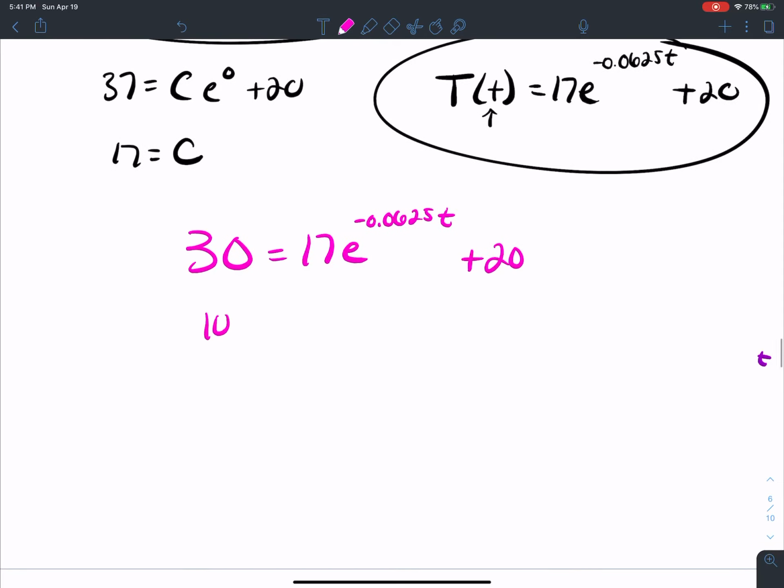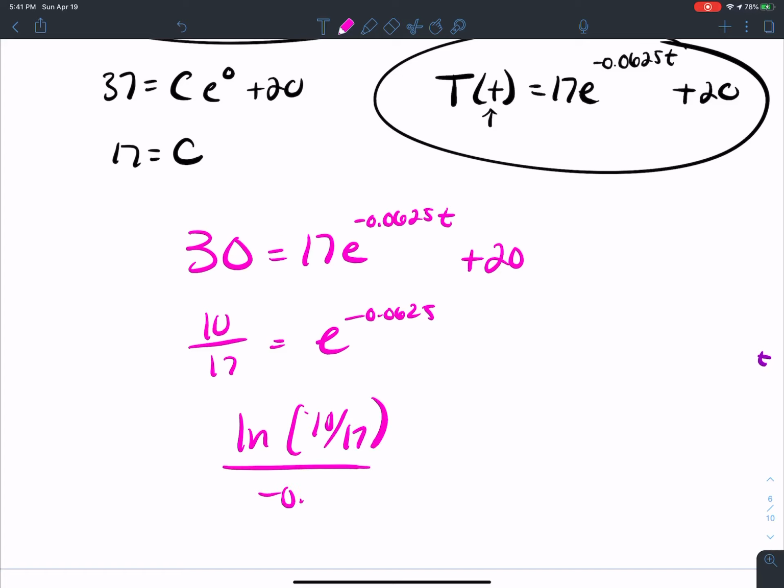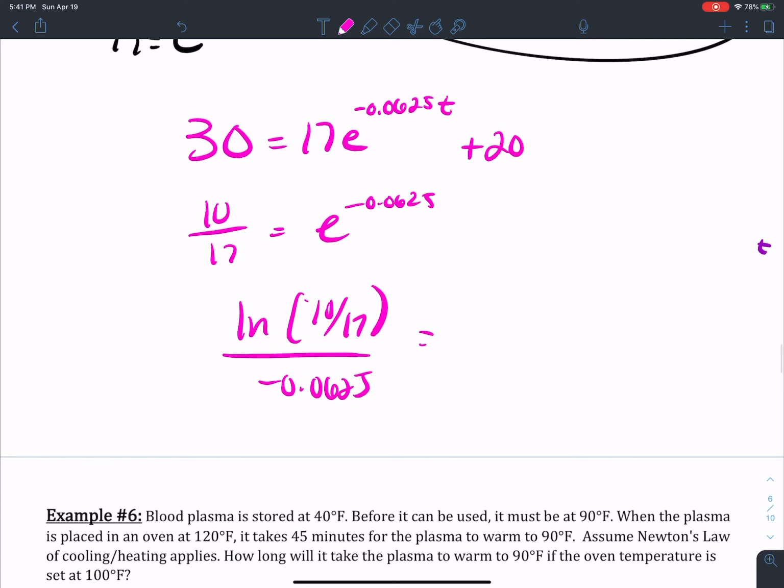So 10/17, and then on my paper I'd be okay writing the natural log of 10/17 divided by negative 0.0625 as my exact answer. Here again, I'm using the exact value, and it comes out to be 8.4789 as an approximate rounded value.